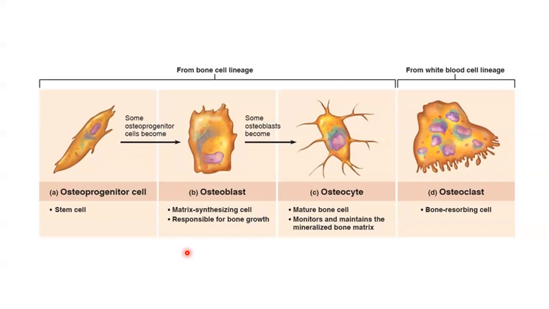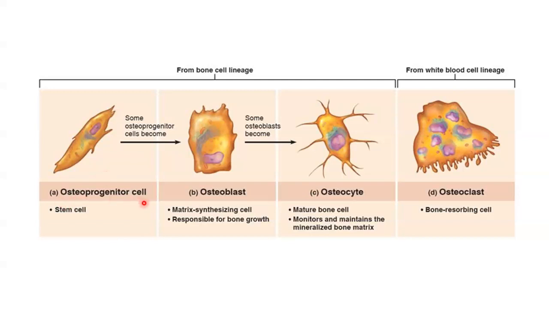So looking at those 4 cells more closely, this figure is showing basically the lifespan of a bone cell. So remember, all connective tissue, including the bone connective tissue, is derived from mesenchyme. So our osteoprogenitor cells are our earliest specialist bone cell, and these are derived from that mesenchyme.